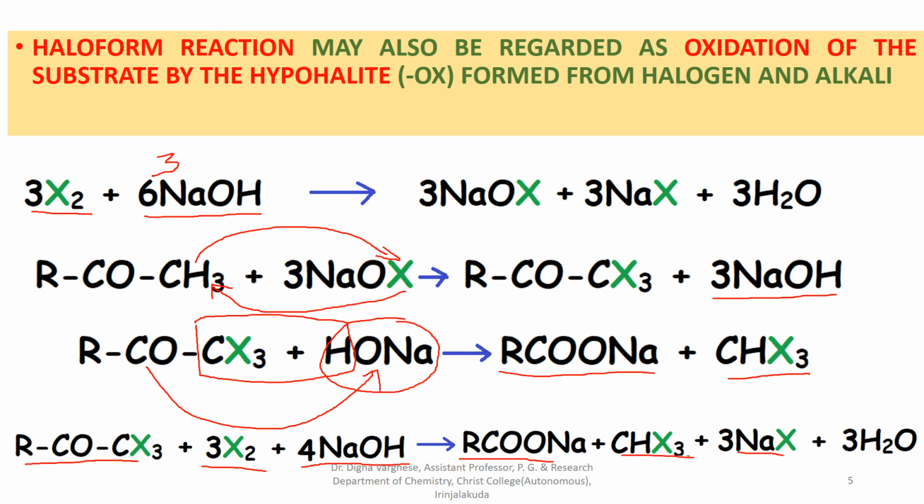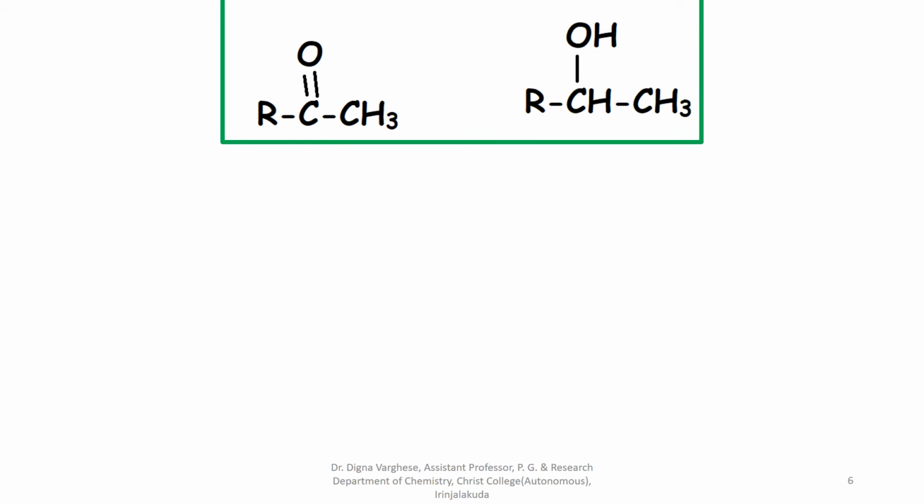So the haloform reaction proceeds by the hypohalite formed from the halogen and alkali. So the haloform reaction is answered by any compound of the structure methyl ketone and alcohol.